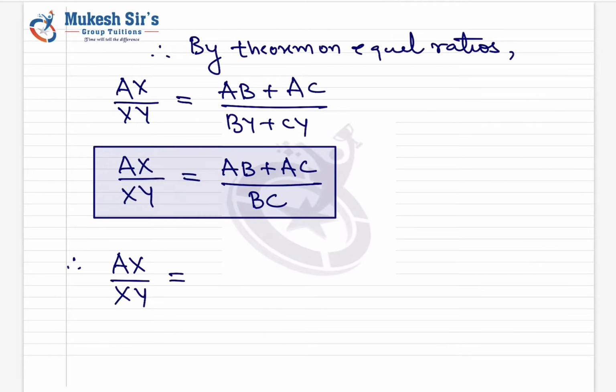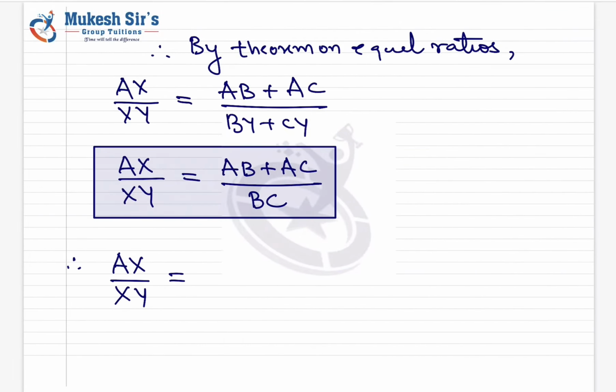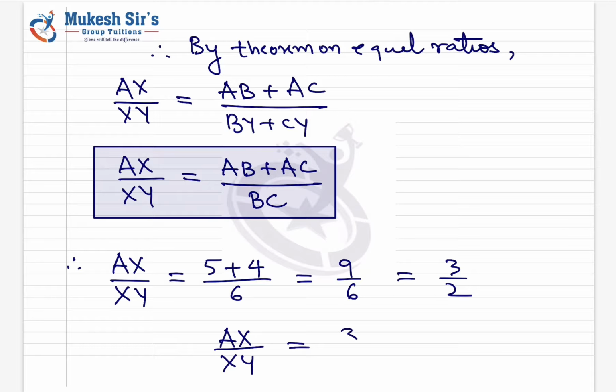AB is 5, AC is 4 and BC is 6. So that will become 5 plus 4 upon 6, which is 9 by 6. When you cancel, three 3s are 9 and three 2s are 6. So your final answer is AX upon XY is equal to 3 upon 2.